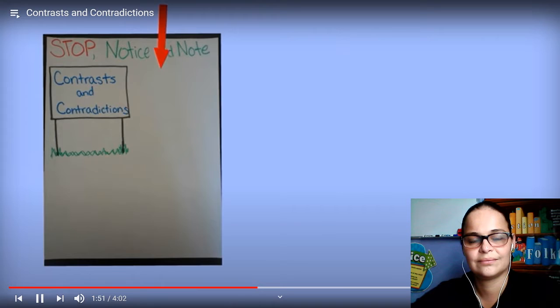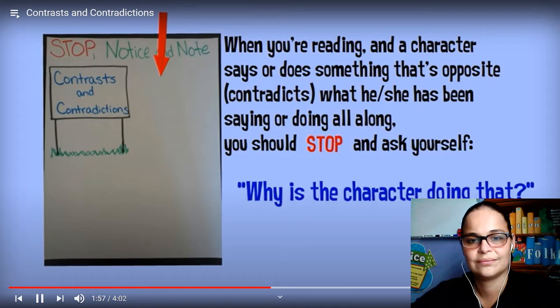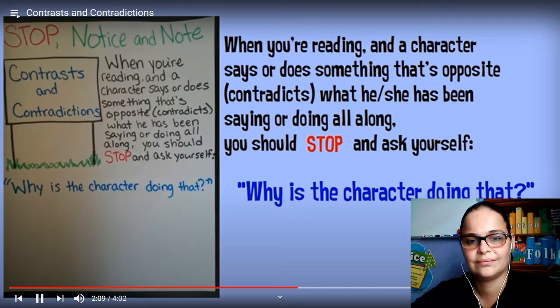To the right of the signpost, write, when you're reading and a character says or does something that's opposite, contradicts, what he or she has been saying or doing all along, you should stop and ask yourself, why is the character doing that? Pause the video to complete this section of your notes.